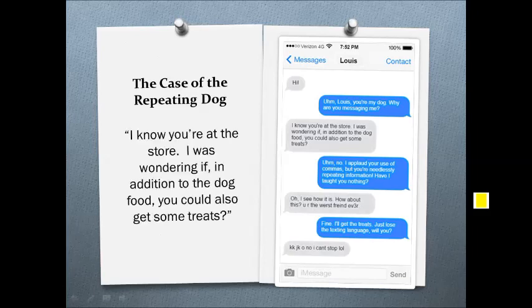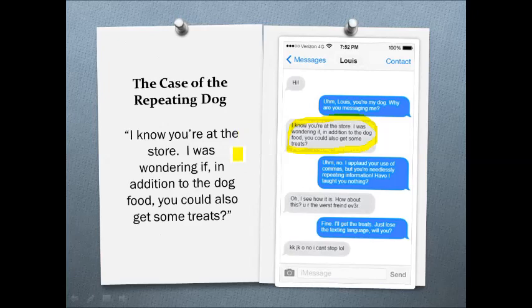So the one that I'm concerned with is this one right here. This message right here is the one that concerns me. He says, I know you're at the store. I was wondering if, in addition to the dog food, you could also get some treats. Well, the needlessly repeated information isn't necessarily immediately evident. But as soon as I tell you, you're going to say, oh yeah, that's true.